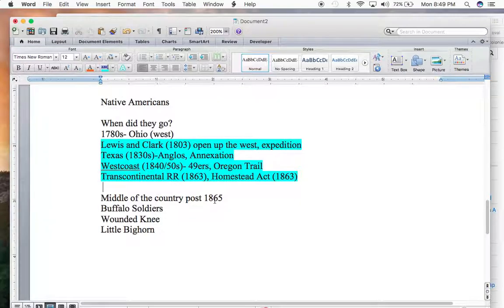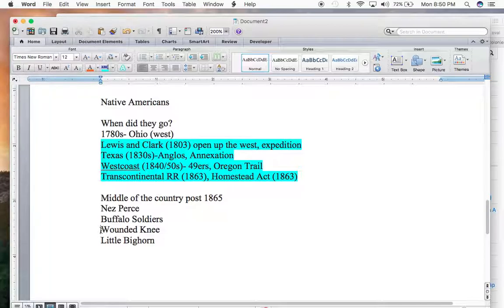And finally, post-1865, that's an area that we need to build up a little bit because we don't tell the story. Well, we have in the past of this tribe called the Nez Perce, which was an earlier tribe that had contact with Lewis and Clark and then was later pushed off their land.